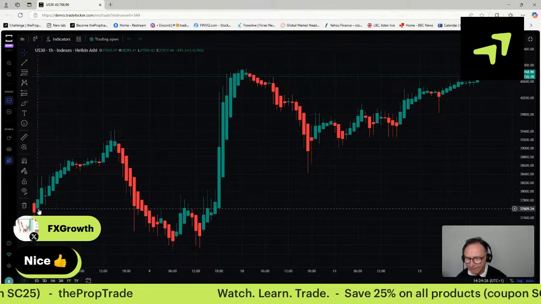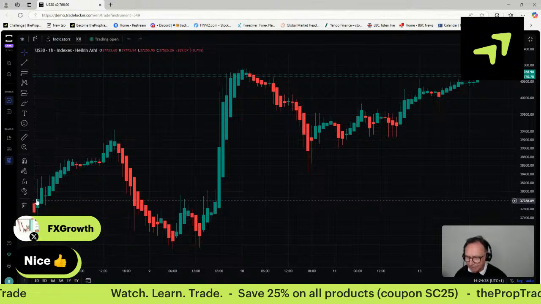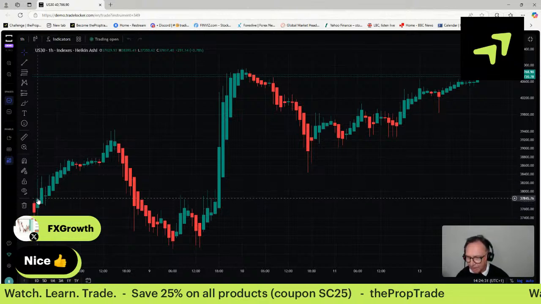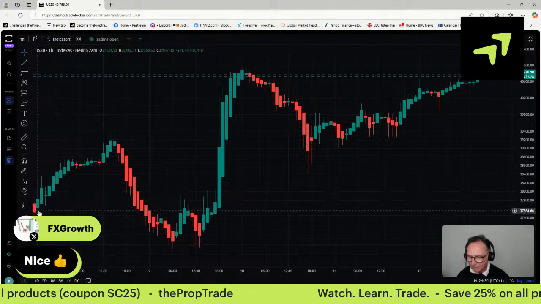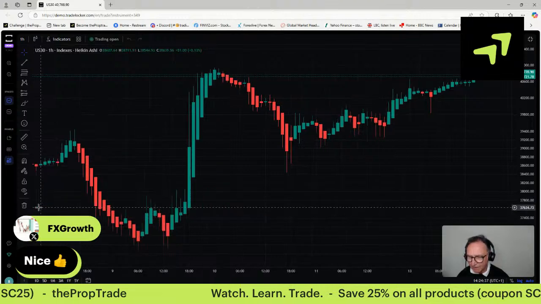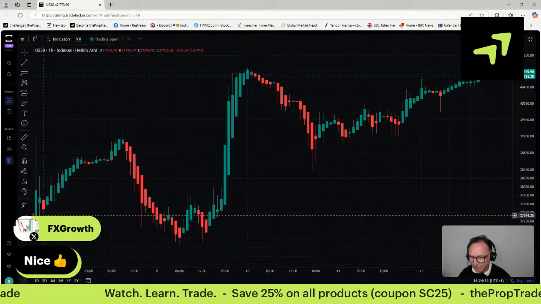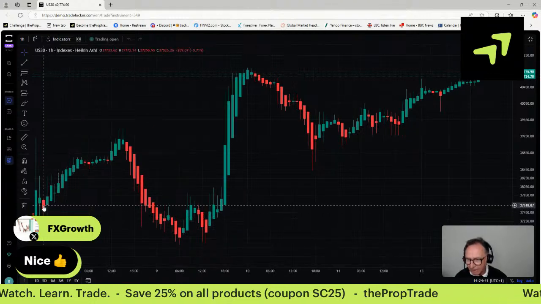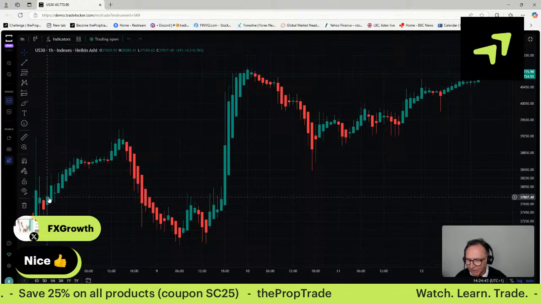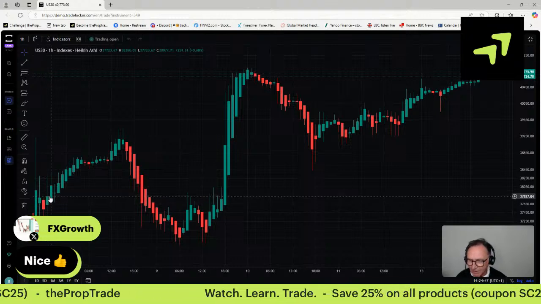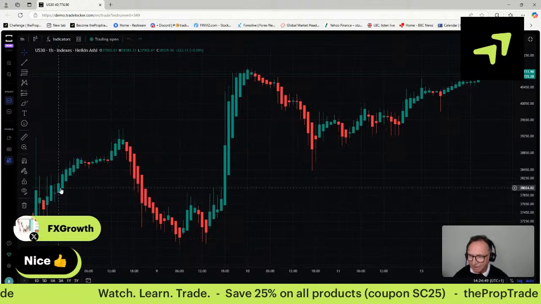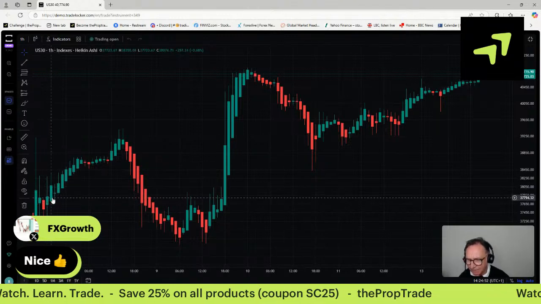We might look to get in here, but remember the open, high, low, close is not the same with a Heikin Ashi candle, as I just said before. So we would have got in, but we wouldn't have got in at this point. It would have been a different actual entry price, but the positivity of the green candles improved.